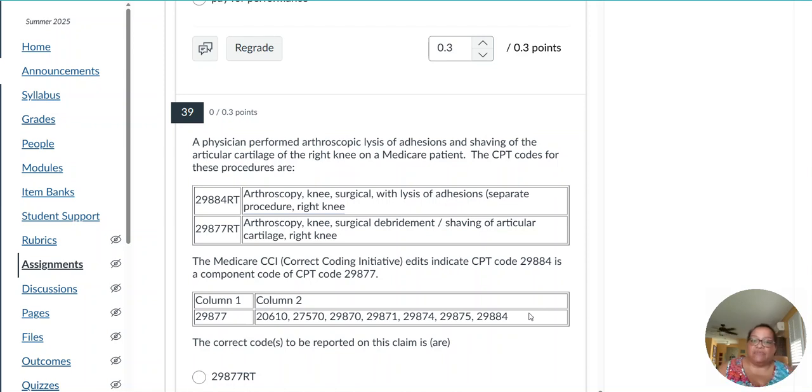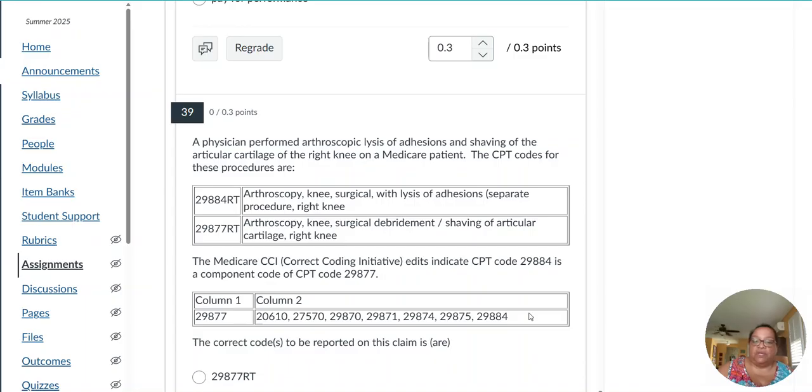So we want to capture, yes, this patient had the shaving of their knee done, which is 29877, and then based on CPT guidelines, the separate procedure terminology, based on the correct coding initiative, the physician is not going to get credit for 29884. It's included, it's integral. The word integral is what they often say.